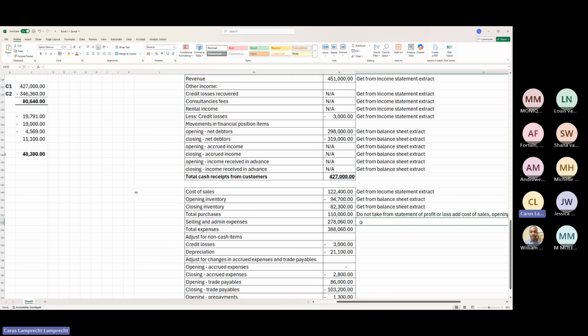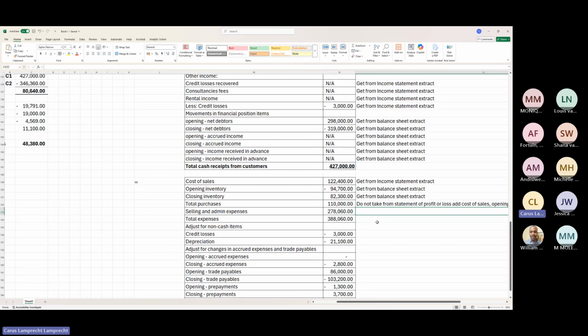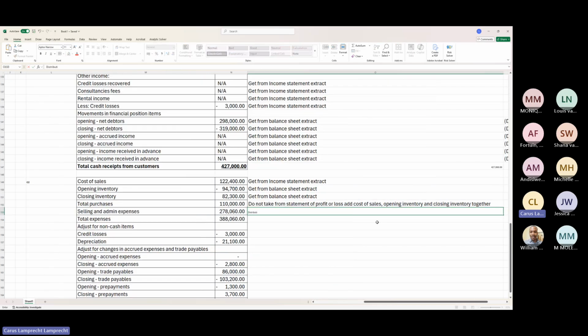Okay, so this one is the more trickier part. So as you'll know, you get your distribution, administrative, and other expenses. Actually supposed to say that. My bad. So under this is your normal expenses section in your profit or loss.